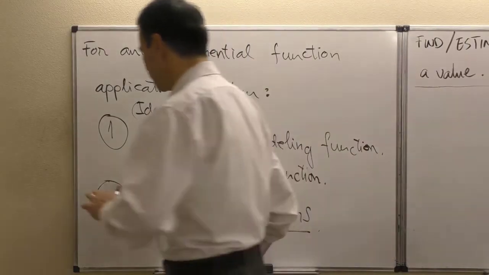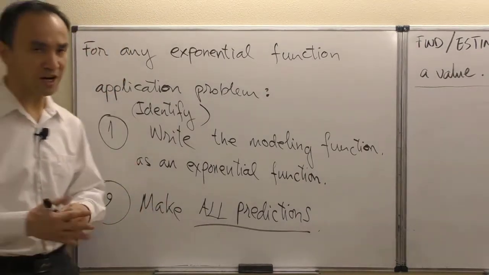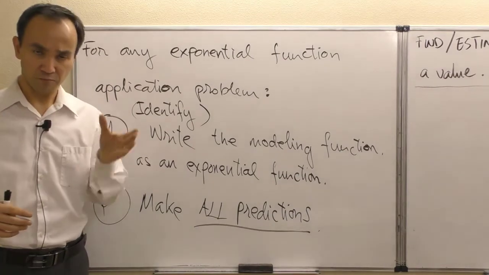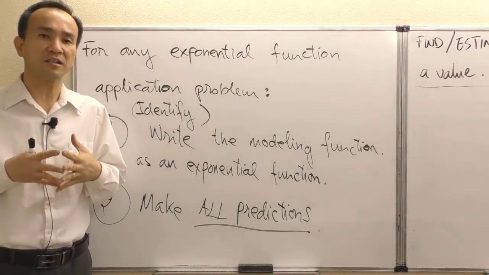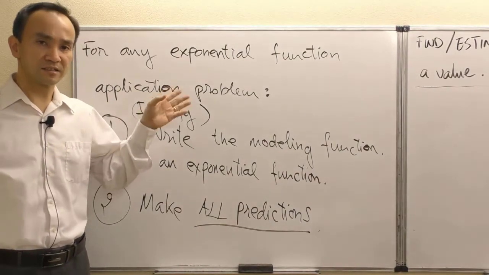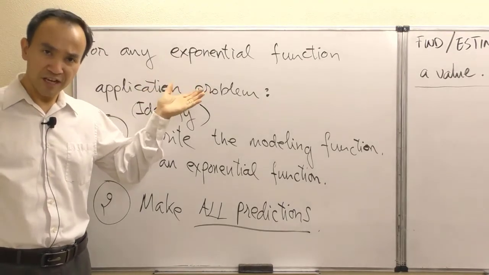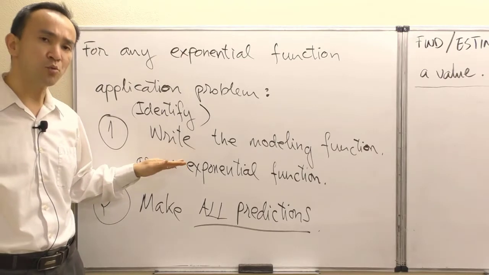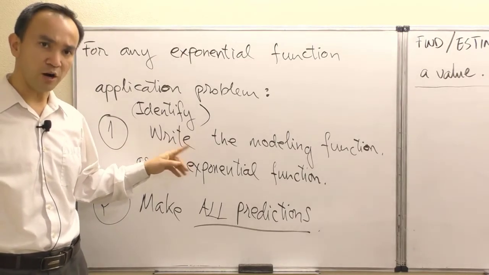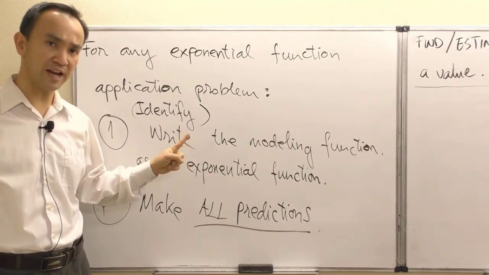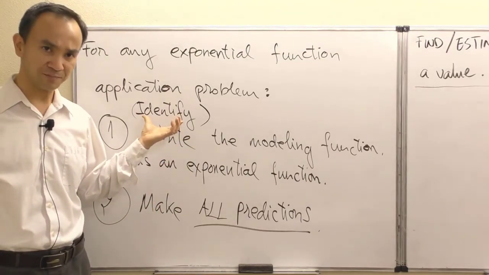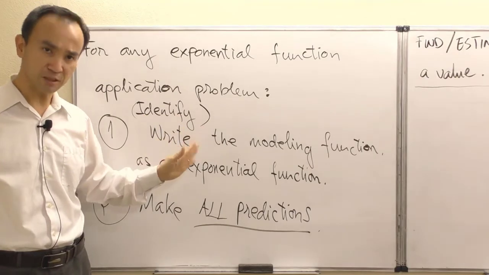But just like what I've been explaining, with this problem we are about to look at the application of an exponential function. So right here in stage 1, we already had the modeling function given. We simply need to identify it.